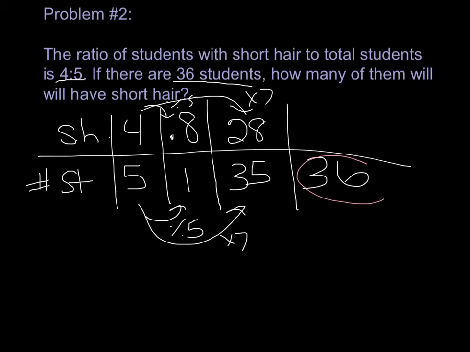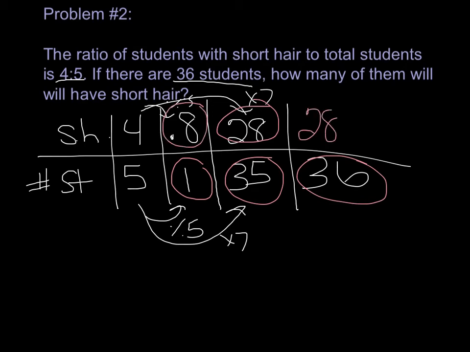To get to 36, I just simply add 35 and 1. So to get to my short hair students, when I have 36 students, I add the corresponding columns, which will make that 28.8, or because I can't have 0.8 of a student, I should expect that 29 of my 36 students will have short hair.